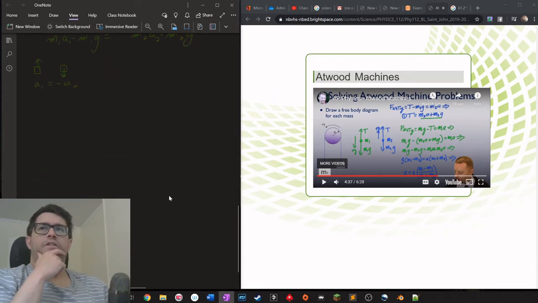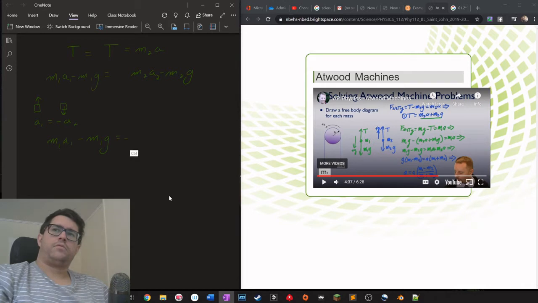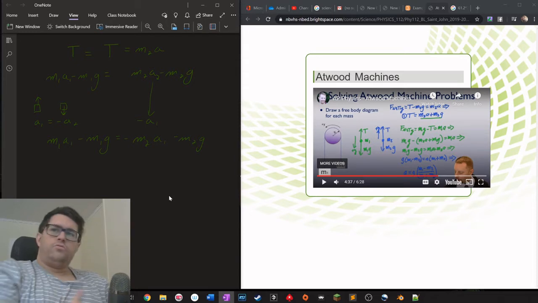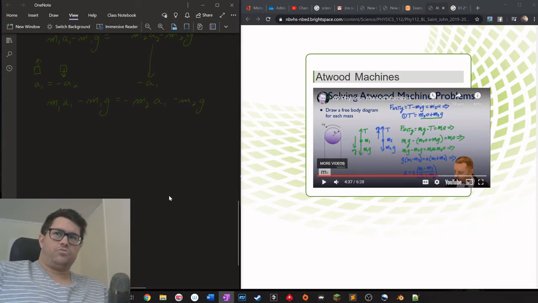Because now we can write M1A1 minus M1G equals minus M2A1. So A2 is transformed into minus A1. Oops, minus M2G. I bet my whole day's value that this is the issue. This is the simple issue.